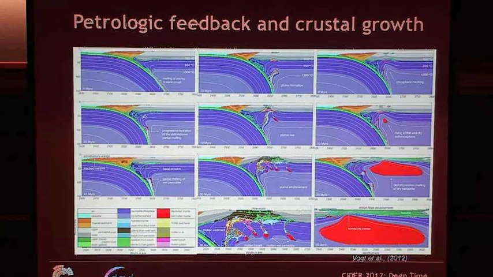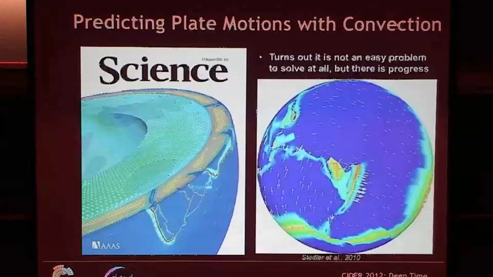The other direction to go in is to take all of the slabs that we have in the Earth and put them into spherical geometry and try to generate plate motions ab initio just from the density structures that are there.